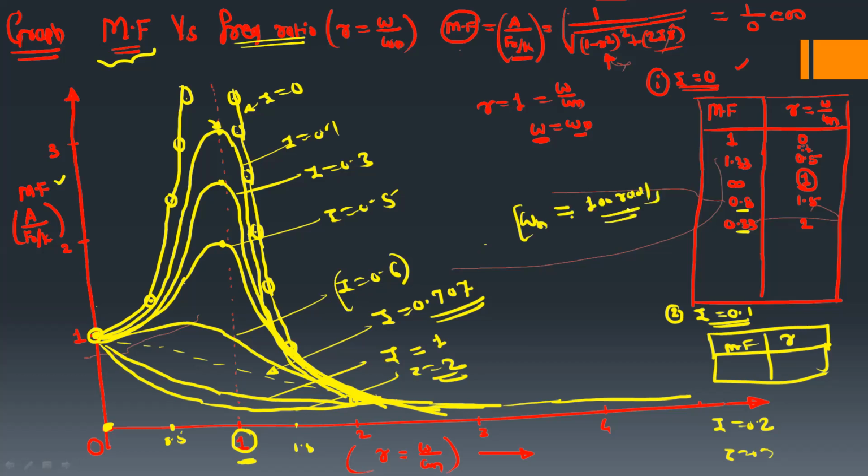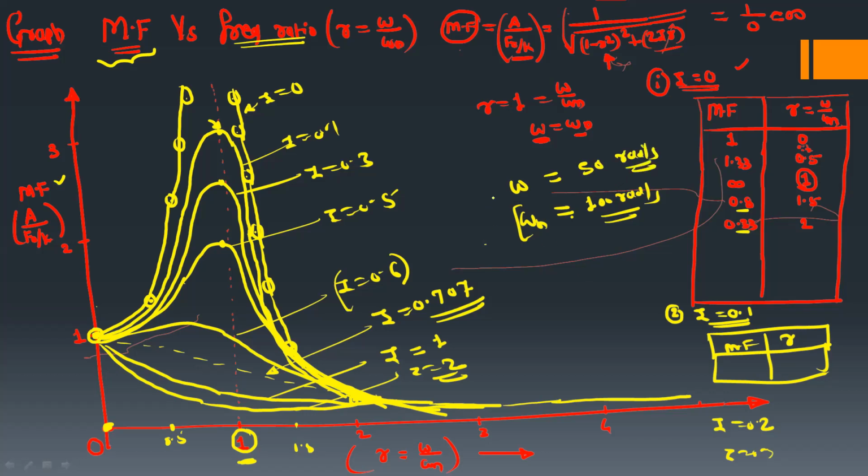So this is the natural frequency of your machine. And suppose this machine is to be operated at an excitation frequency omega of 50 rad per second.